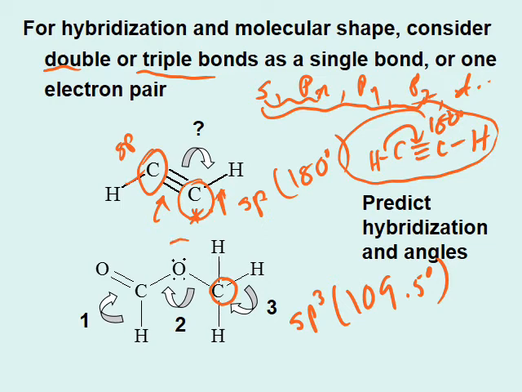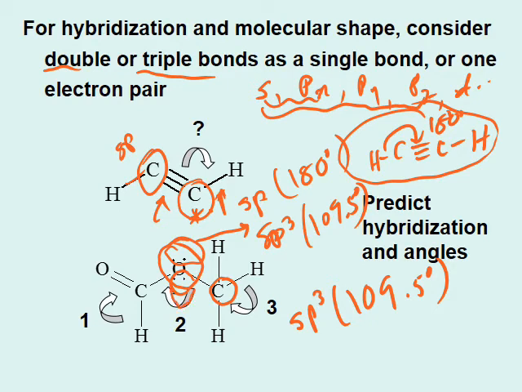Let's figure out the hybridization for oxygen. Again, altogether we have 4 pairs of electrons: 2 lone pairs, or unshared pairs of electrons, plus 2 bonded electron pairs. So that's 4 pairs, which also gives sp3 hybridization. So this oxygen has sp3 hybridization, and remember, sp3 goes with 109.5 degrees.